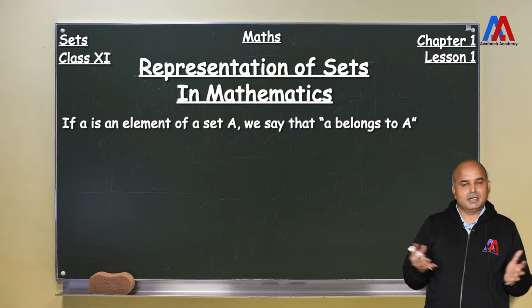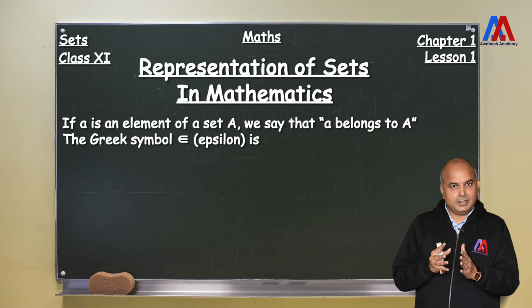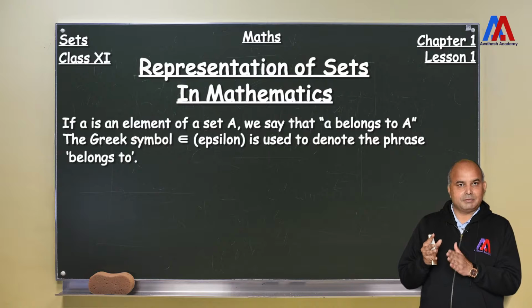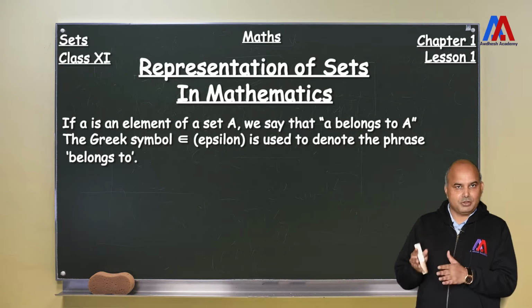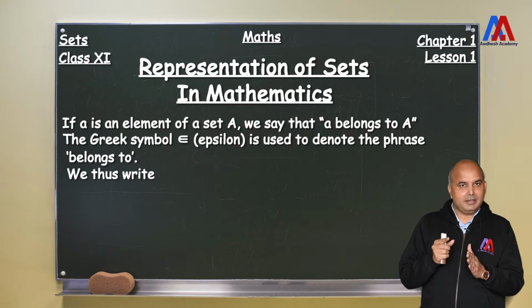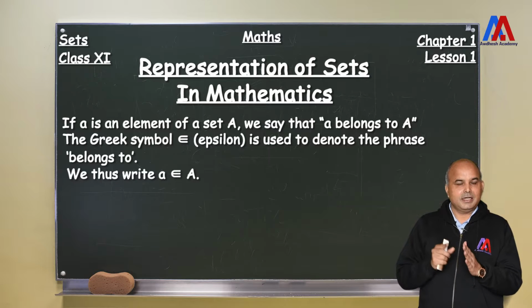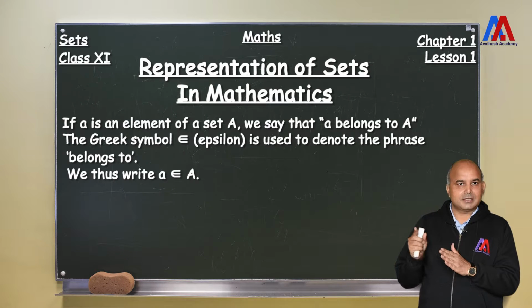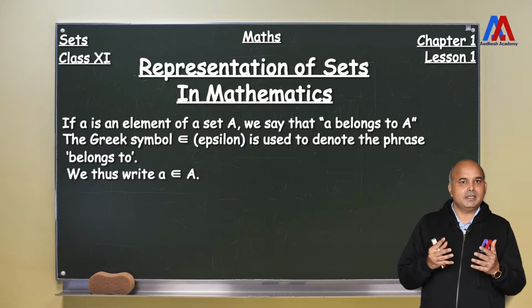The word "belongs to" is generally represented in mathematics by a Greek symbol called epsilon. So when we write small a epsilon capital A, it means small a element belongs to the set which is capital A. So this is how we represent the sets.